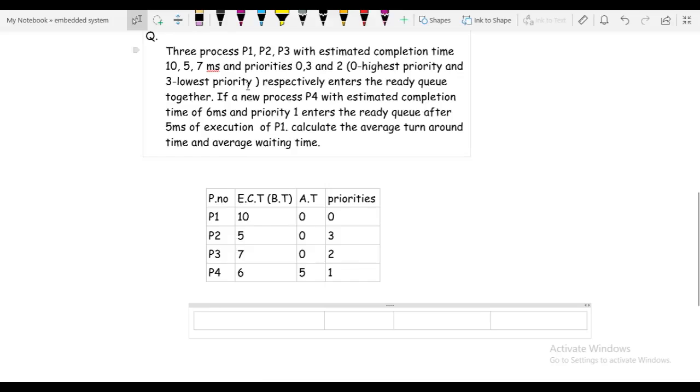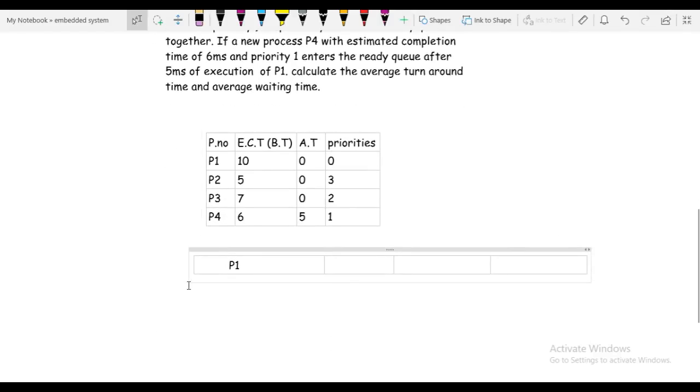First, in the ready queue there are 3 processes with arrival time 0, right? So let's see the priorities 0, 3 and 2. Which is of the highest priority? 0 is of highest priority, so no doubt P1 will be executed first. Since this is the non-preemptive version, it will be executed from 0 to its completion, that is 10, right?